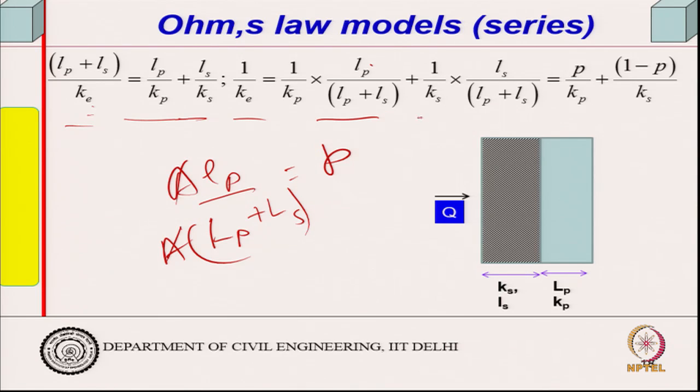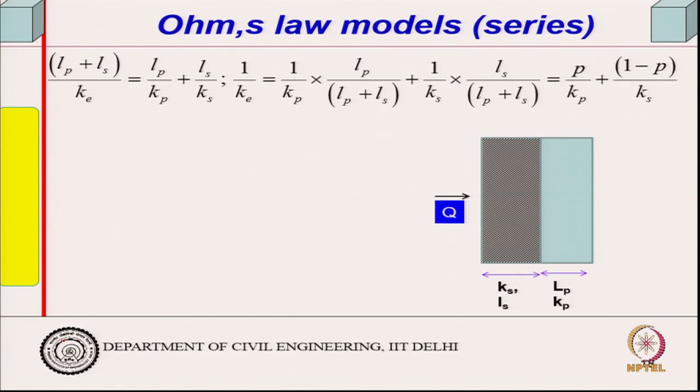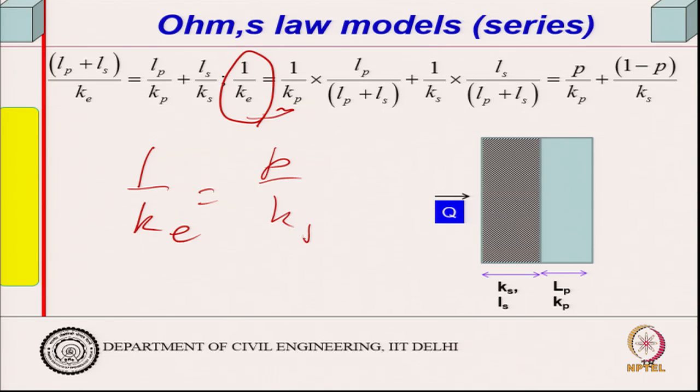So, one can write this as 1 by Kp, this is porosity, the volume of the pore, and this is the volume of the solid, which is 1 minus P. So, when you have series model, you can simply write 1 by Ke is equal to P by Kp plus 1 minus P by Ks.